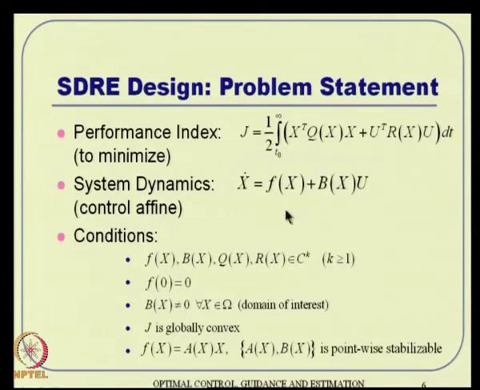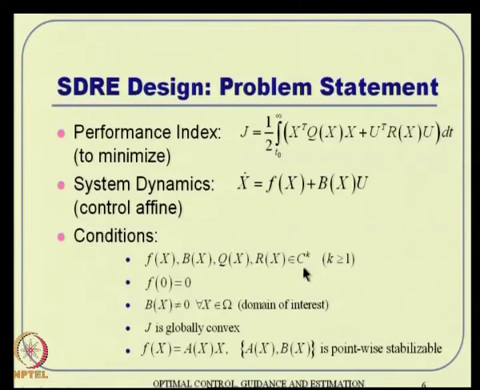But in addition to this, f of x and b of x will need to satisfy several other conditions as well. The very first thing is this f of x and b of x as well as q of x and r of x should belong to class C k, where k should be at least 1. Okay.